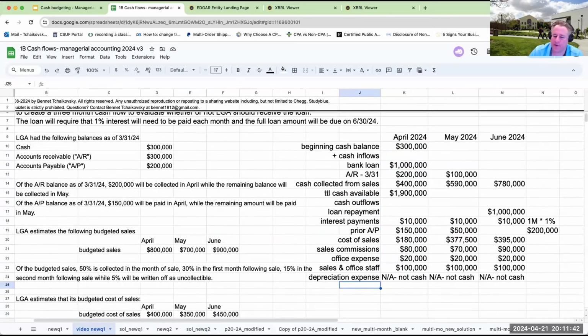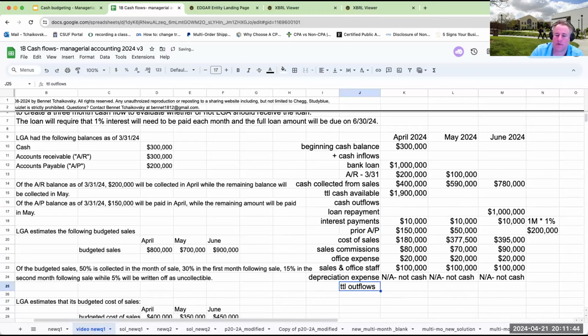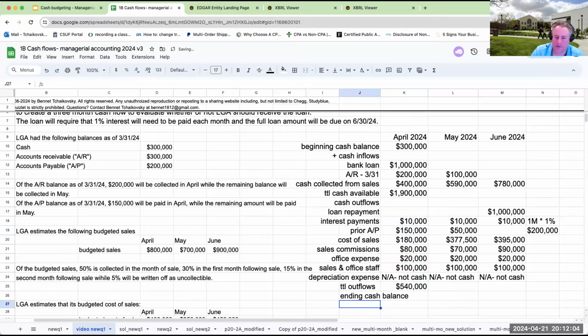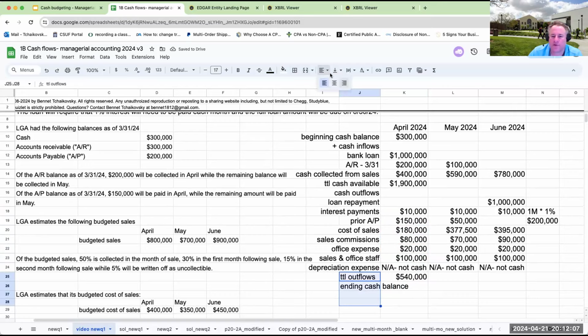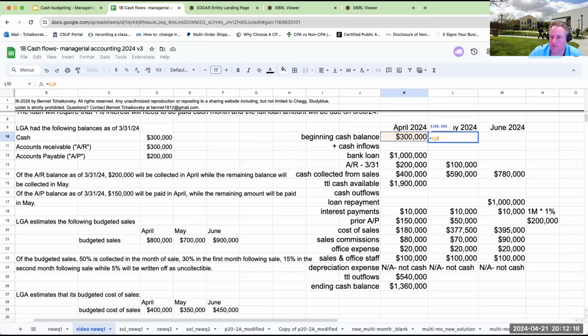My total outflows over here are the loan repayment, which at this point is not applicable, interest payments, prior accounts payable, cost of sales, sales commissions, office expense, and sales and office staff, for 540,000. So my ending cash balance is 1.9 million minus 540,000. The ending cash balance of April becomes the beginning cash balance for May.